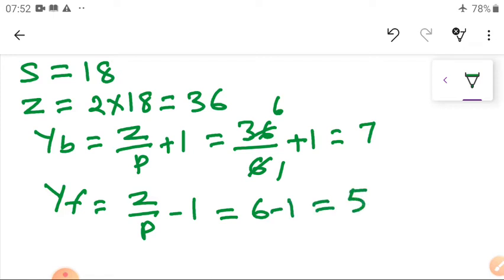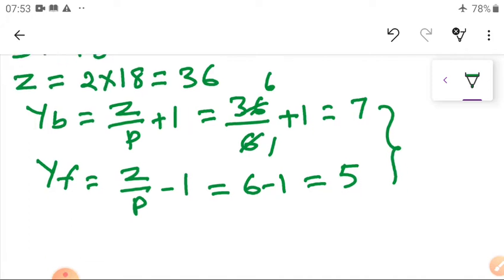Okay, progressive winding, let us take the progressive winding. So progressive winding has minus 1. Retrogressive winding may be 9. Let us assume this is a progressive winding.